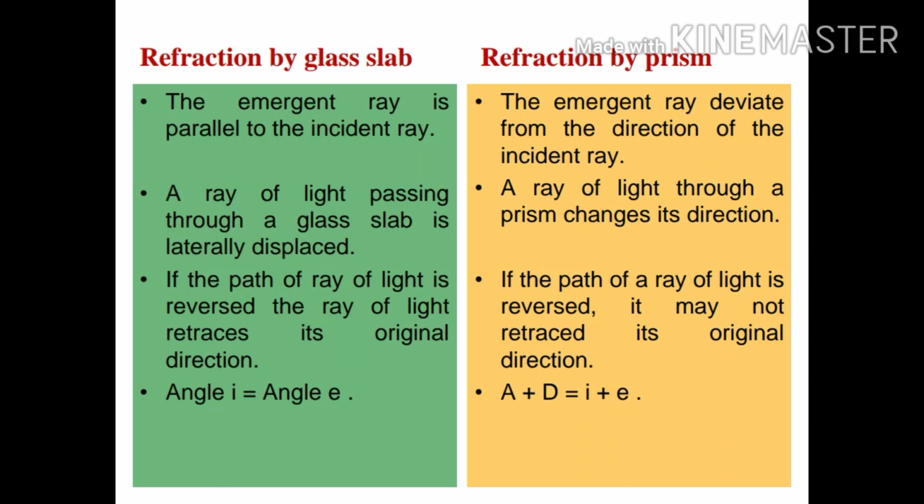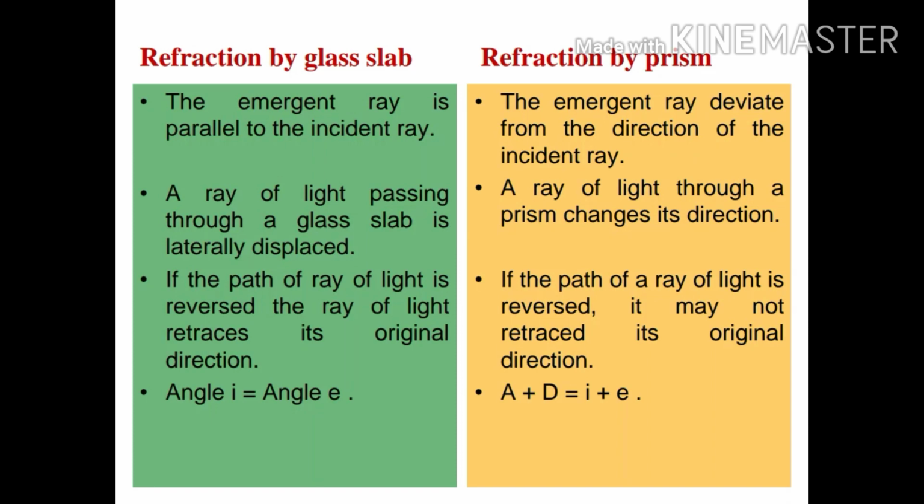Now, we have discussed refraction of light through a glass slab in the last chapter, and we have now discussed refraction by a glass prism. So let us compare. The emergent ray is parallel to the incident ray in case of a glass slab because the opposite edges are parallel to each other.